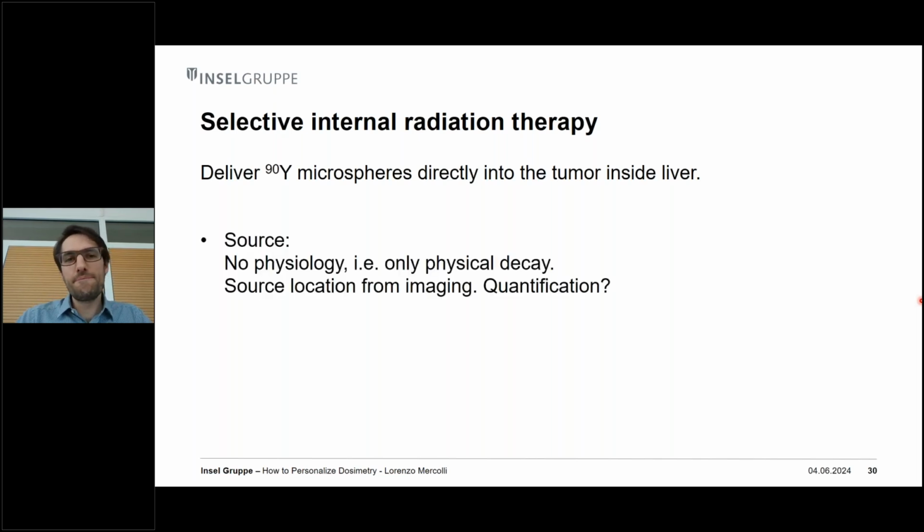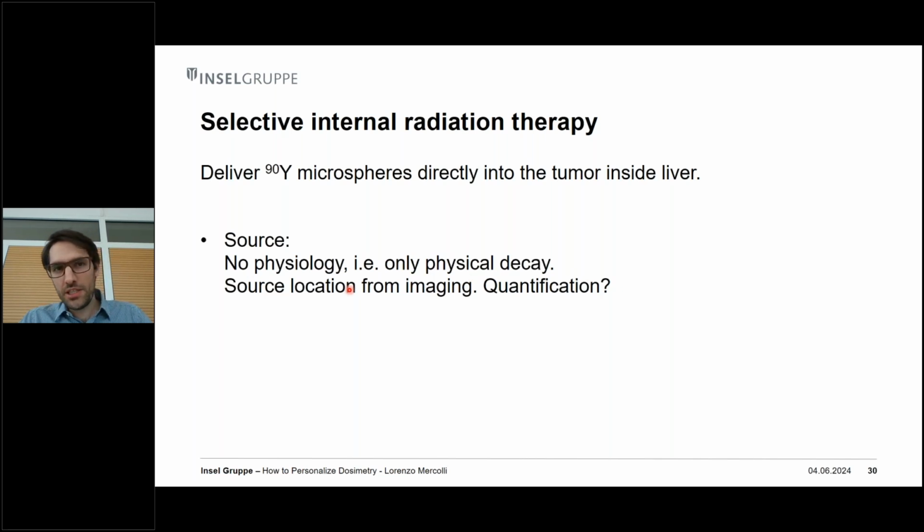So on one side, the source is quite easy because there's no uptake, there's no washout. Once the microspheres are in their location, there's just the physical decay of the yttrium-90. So the time dependence is rather easy in this case.